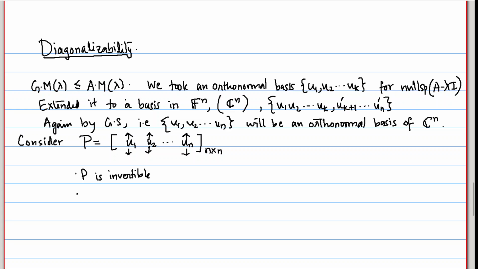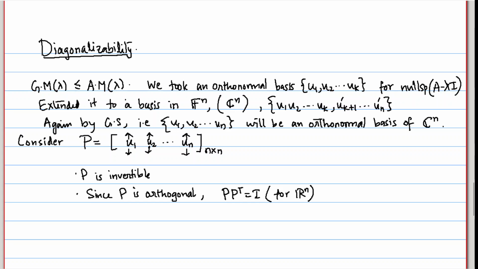The second thing I want to note is that since P is orthogonal, we have P P transpose equal to I. This is the condition for real matrices, that is for Rn.